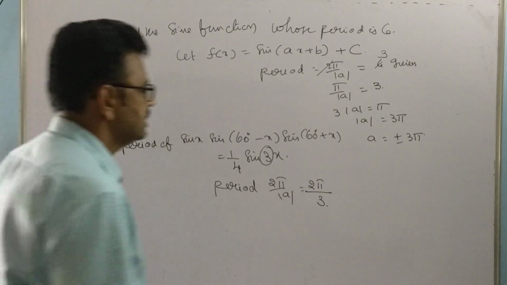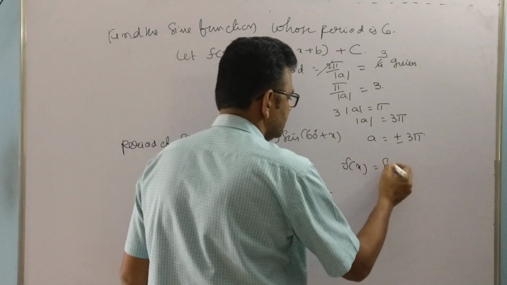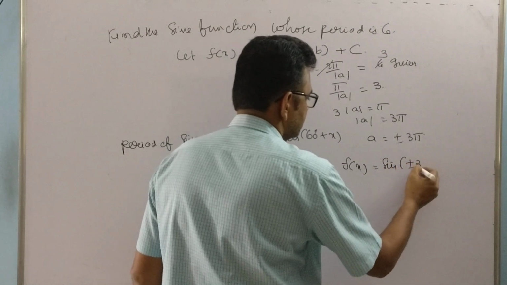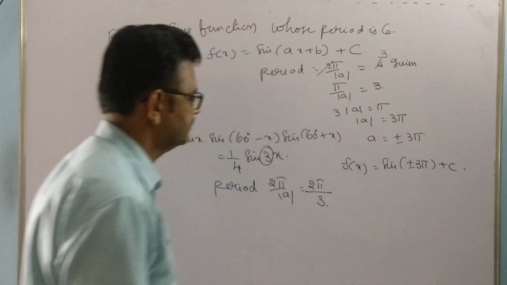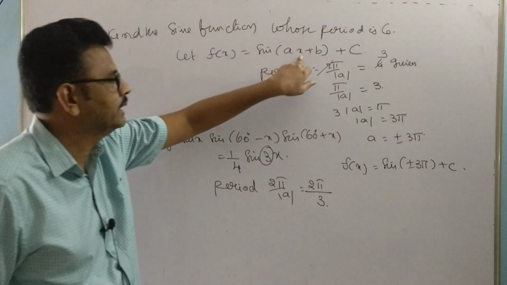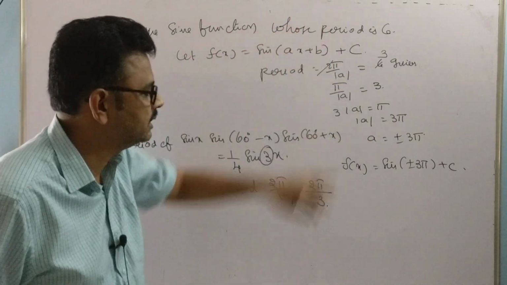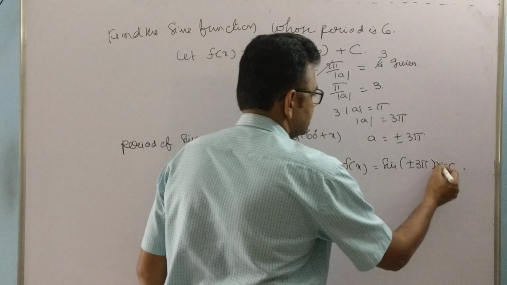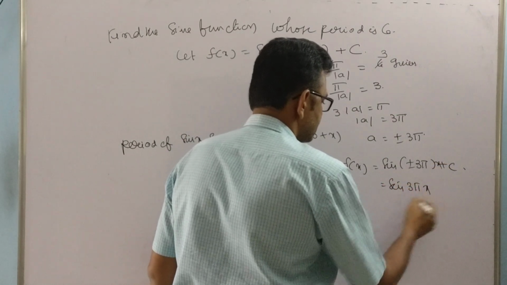Now the function is f of x equal to sine of plus or minus pi by 3 into x, plus some constant, maybe ax plus b plus c, this is also correct. So sine of pi by 3 x is correct.